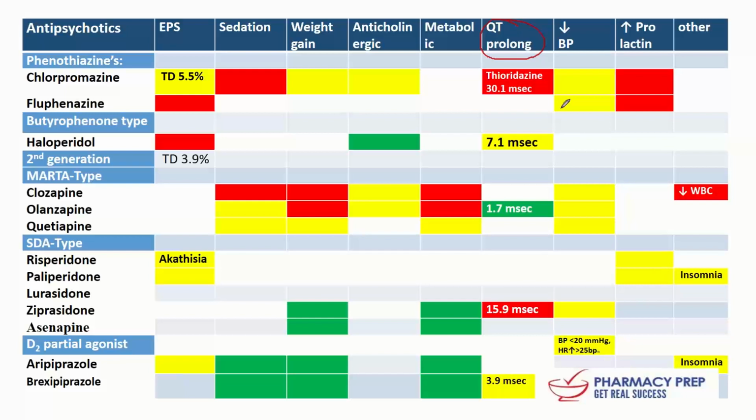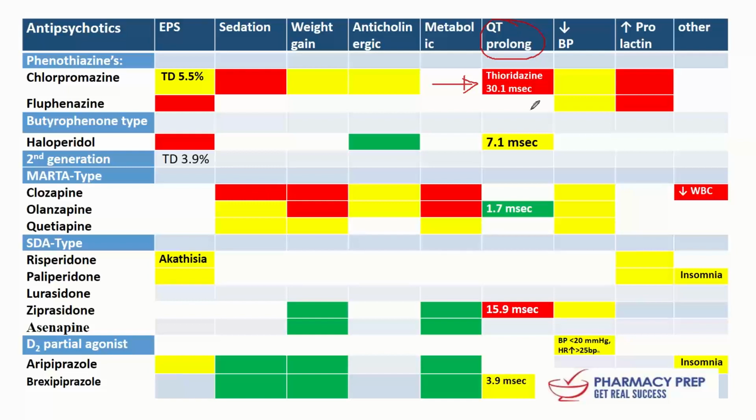Among the QT prolongation drugs, maybe you're aware that in the early 2000s, around 2005 or so, thioridazine, which is a first generation antipsychotic of the phenothiazine type, was withdrawn from the market because it has the highest QT prolongation. Obviously, QT is the ventricular repolarization time. Generally, the normal QT interval is about 400 milliseconds.